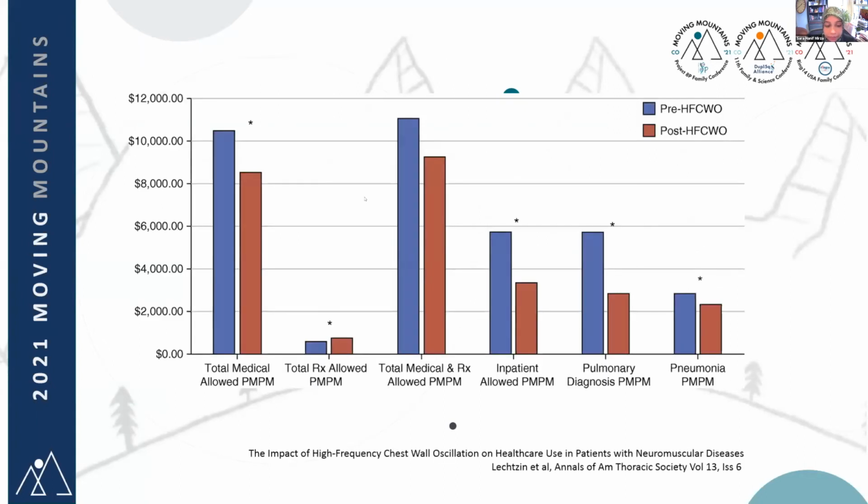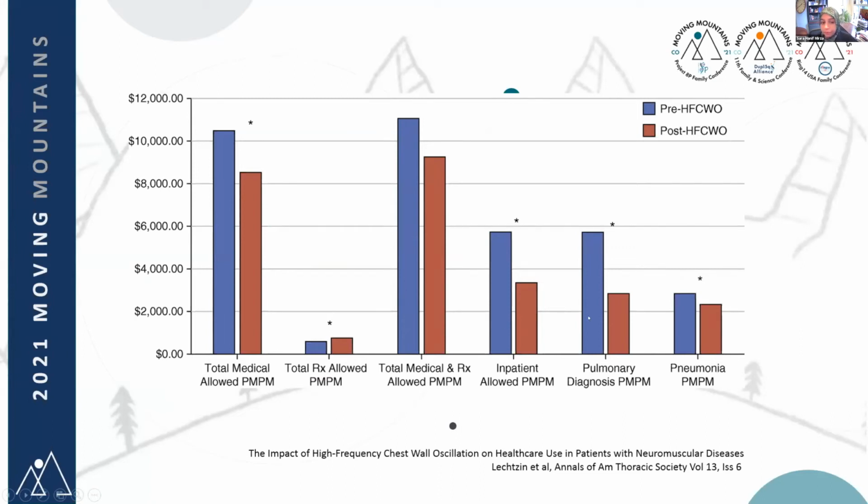And this is a study where everything makes a lot of sense when you put it down to dollars and money. It looked at pre and post utilization of high frequency chest wall oscillation, in terms of money, both the total amount allowed and inpatient usage for their pulmonary diagnosis.